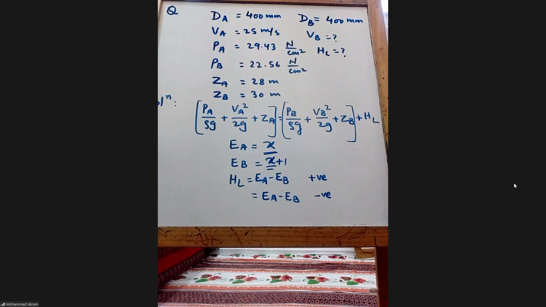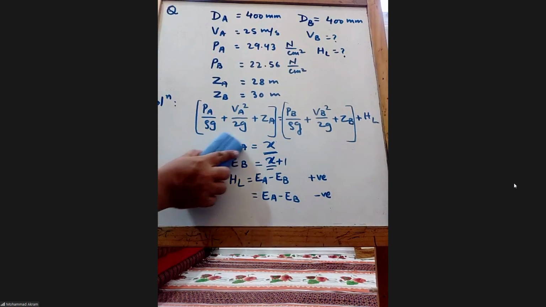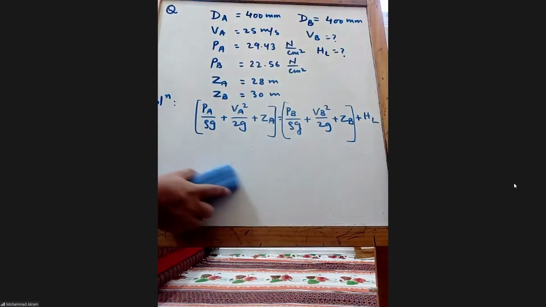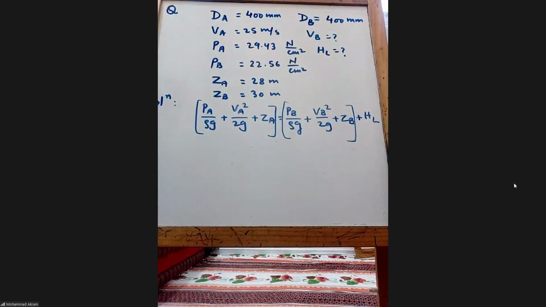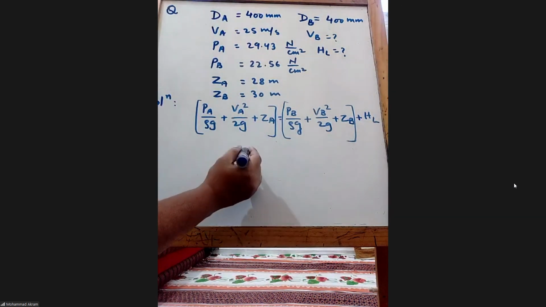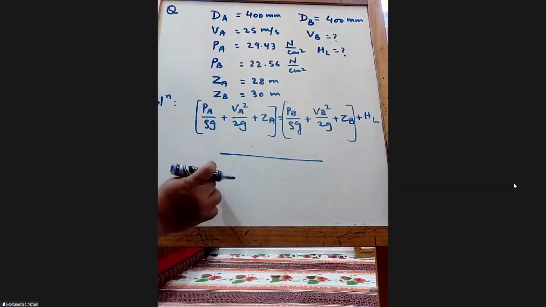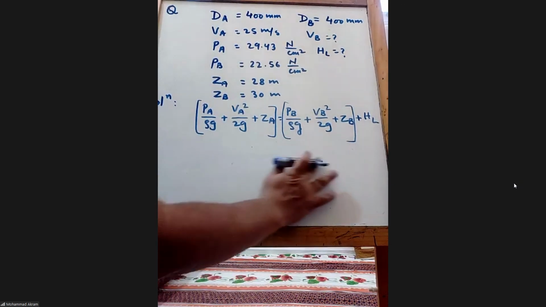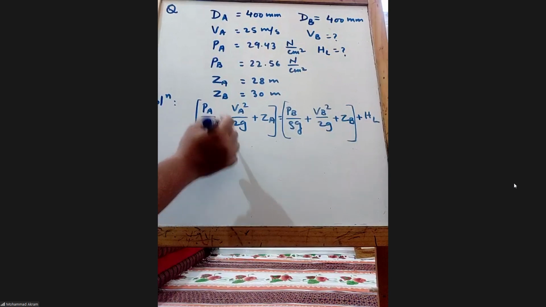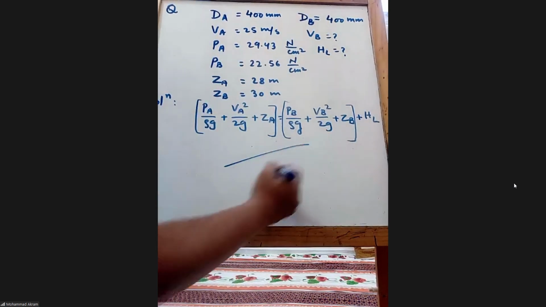Doctor, are the velocities of them the same? Yes, because the area is given the same, right? Yes. So if you apply the continuity equation, that's why I was asking time and again whether the diameter is given the same. So is the pipe like this?